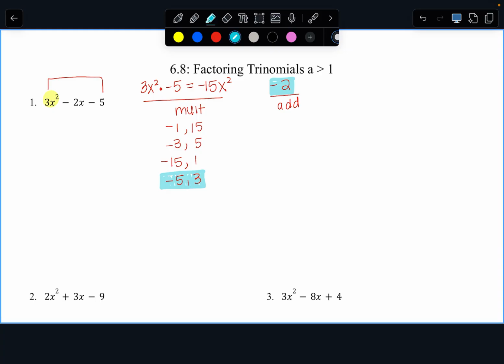We're going to replace that negative 2x with a negative 5x and a positive 3x. So here we're copying down the original, but instead of the negative 2x, we're splitting that into two and replacing it with negative 5x and a positive 3x.